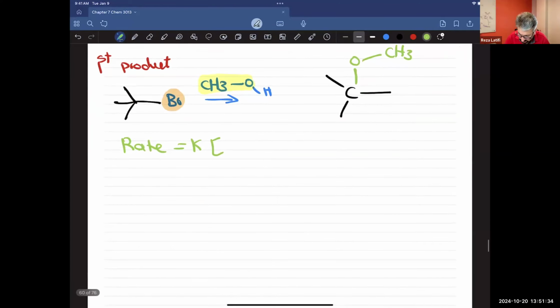So the rate depends on the concentration of the substrate, and the molecularity is equal to 1. So this one is to the first power, and SN1 is substitution nucleophilic, and because we have one for the molecularity, one substrate molecule was involved, we call it SN1.